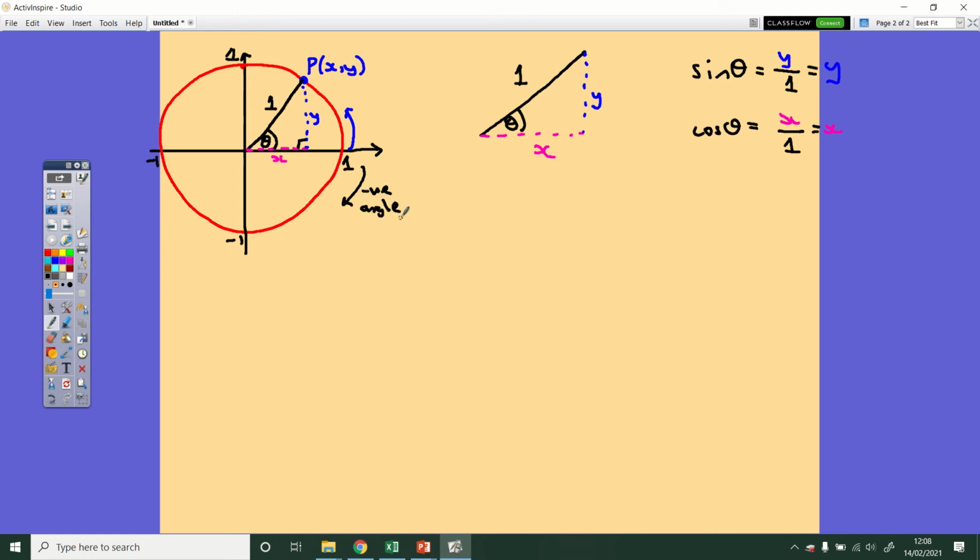For example, if I want to find sine and cos of negative 30 degrees, I can go 30 degrees down this way, draw another ray, and then my x and y coordinates will give me the cos and sine values of minus 30. Okay, so let's add that to our coordinate point. So this point we've got here is the same as cos of theta for x, and then sine of theta for y.